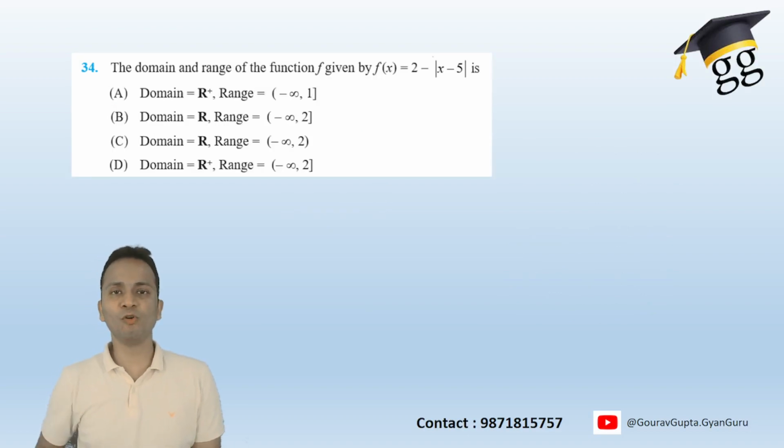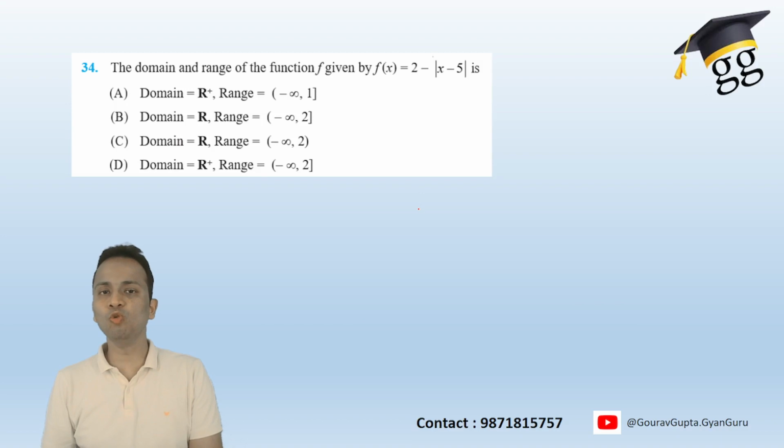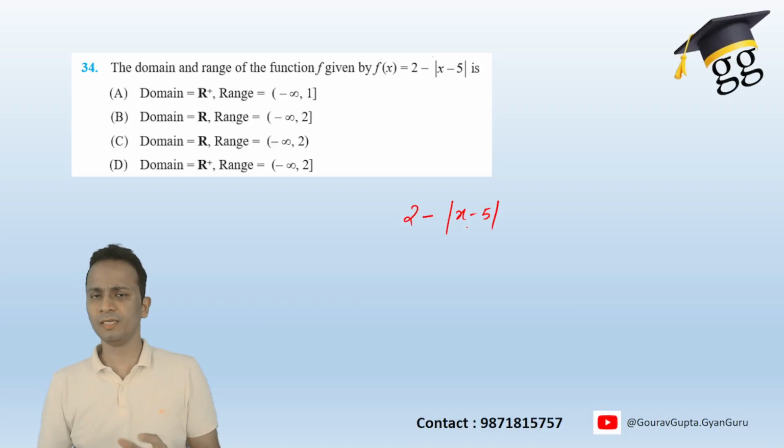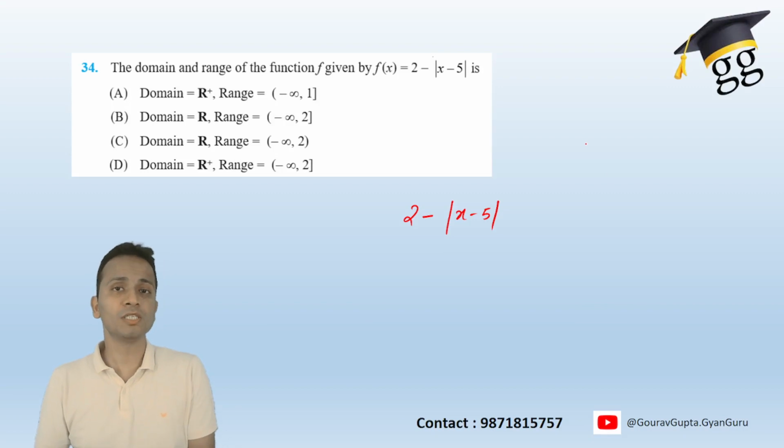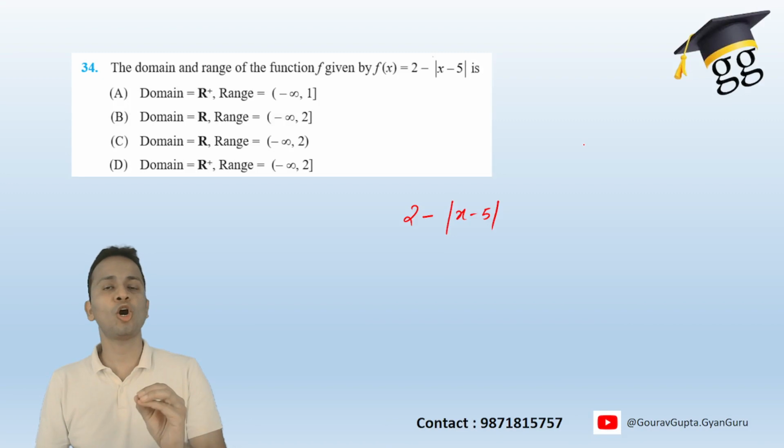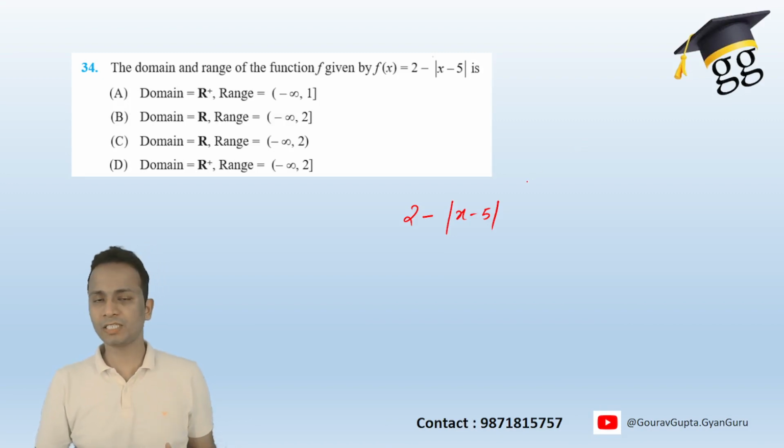Now question number 34. The function is 2 minus modulus of x minus 5. Now 2 minus something. Now what about this something, modulus of x minus 5? I can say that for the modulus function, the output will always be a positive number or it can be 0, right? The value of modulus of something cannot be negative, right?